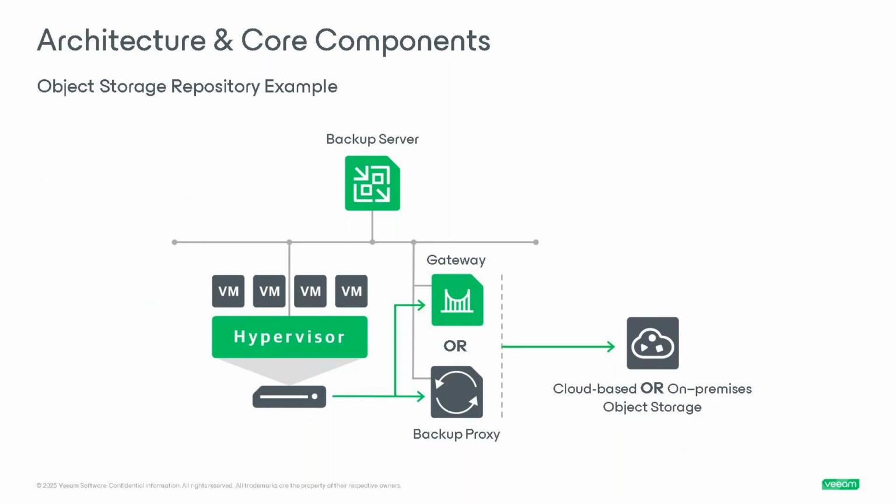So kind of similar with object storage repositories, you would either have a proxy or a gateway in between, depending on really what you wanted to do, or if you're doing a direct to object storage or through a scale out repository. You just don't want that to be the bottleneck, is usually where that would be relevant.